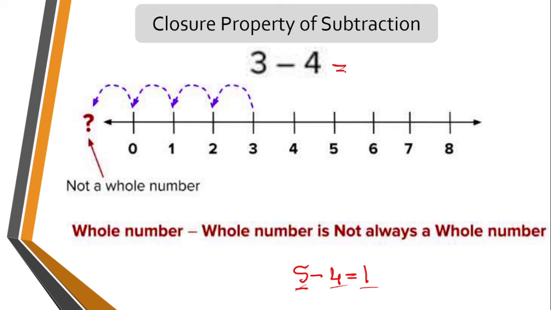So our answer for 3 minus 4 will be minus 1. So minus 1 is a negative number, right? However, negative numbers cannot be considered as whole numbers, right? So we can say that closure property does not hold true for subtraction.